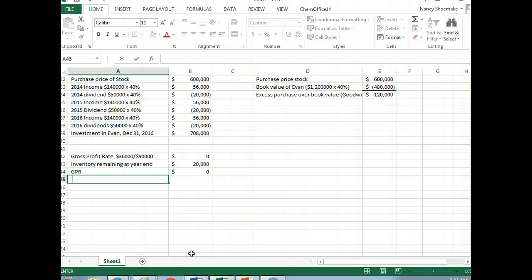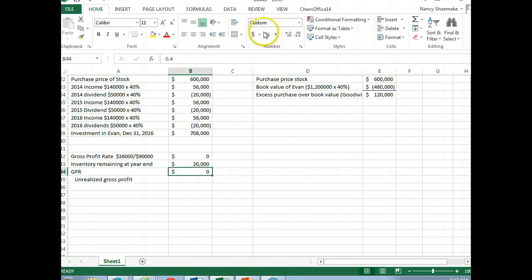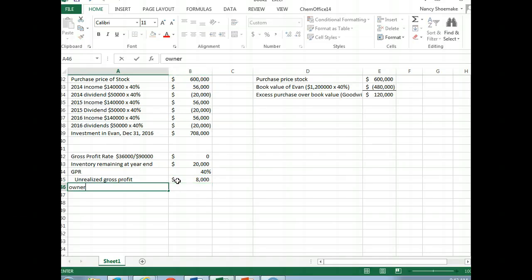So the unrealized gross profit is going to be $8,000. But then we need to determine their share. Their ownership is 30%. Therefore, the intra-entity gross profit deferred is going to be $2,400.